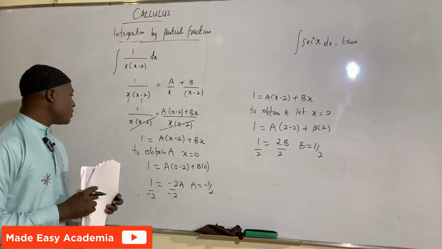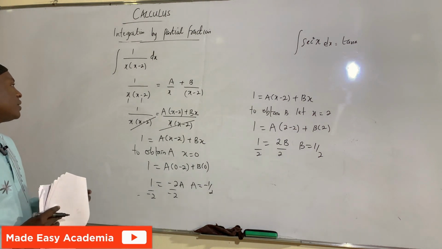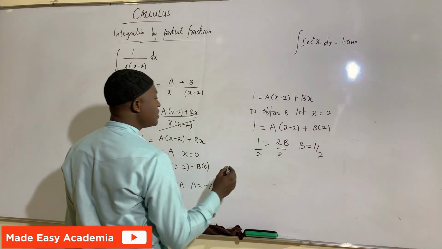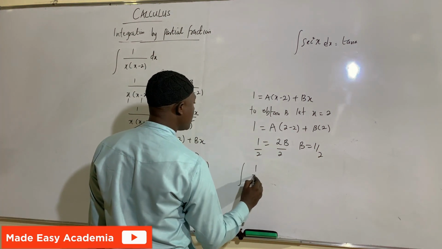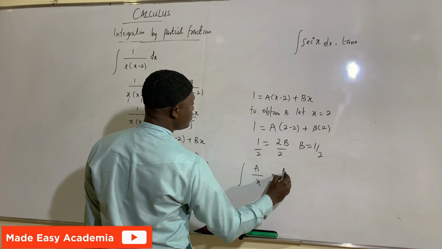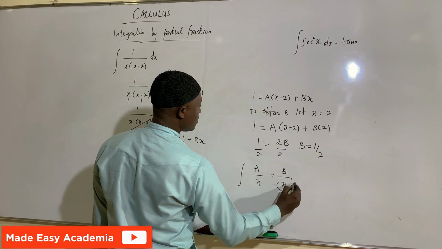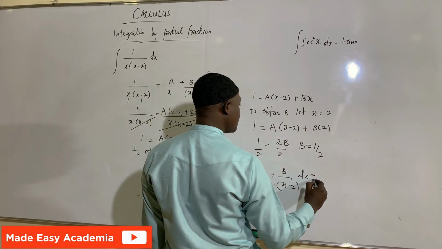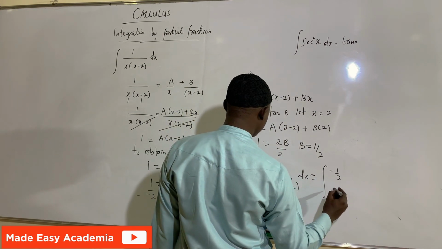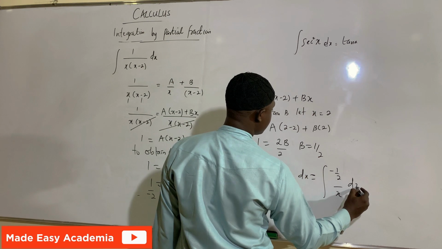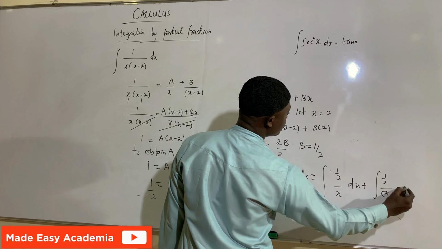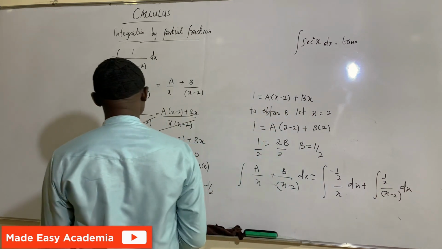Now that we have obtained the values, we can make a simple substitution into the equation. The integral of A over x plus B over x minus 2 dx. My A is minus 1 over 2, so we have the integral of minus 1 over 2 over x dx plus the integral of 1 over 2 over x minus 2 dx, just like a simple substitution.